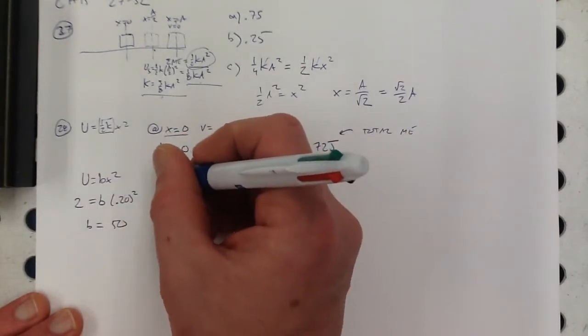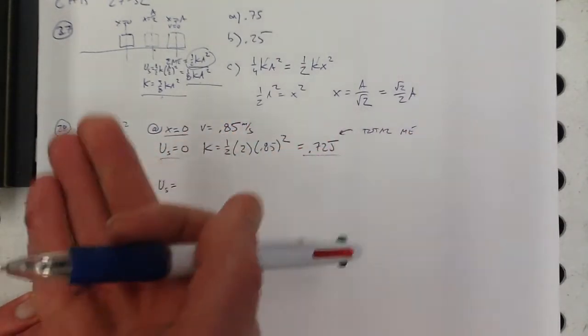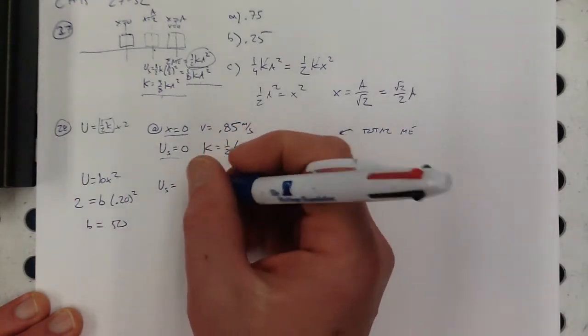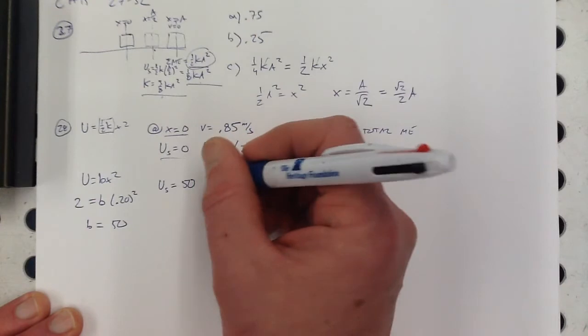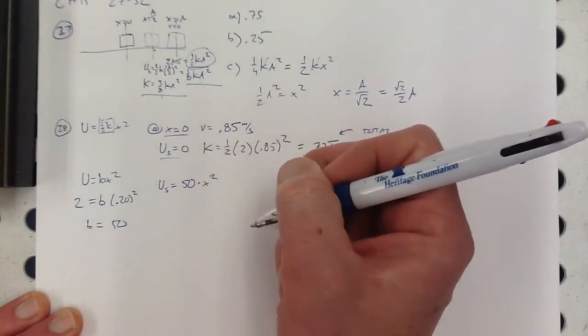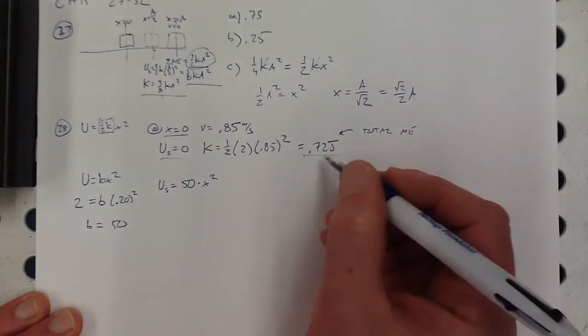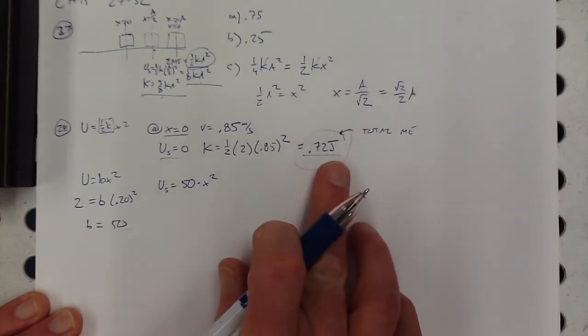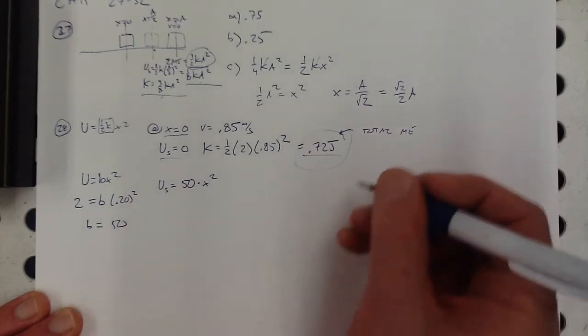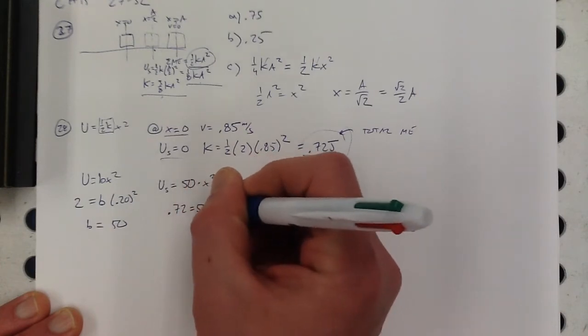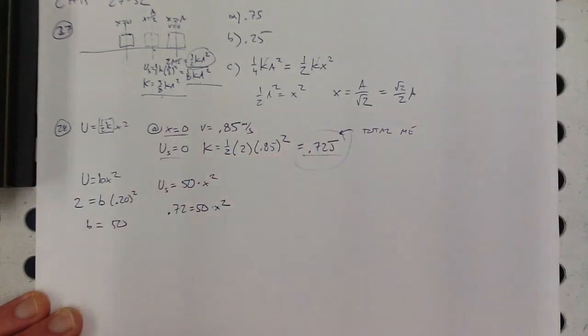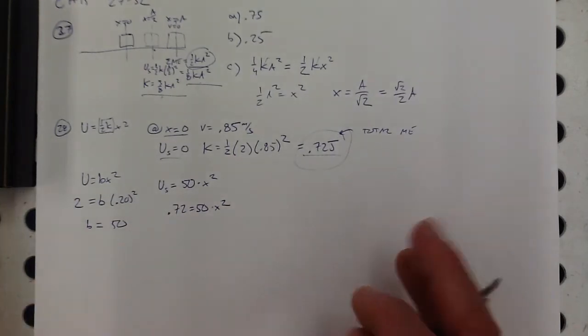So that equation for that potential energy, I mean it is a spring, right? It's a 1/2 kx squared, is equal to 50 times x squared. And this is the total amount of energy that I have, right? So if all of that energy, all 0.72 of it, is given over to the potential energy, that will be the maximum x position that it can get to.